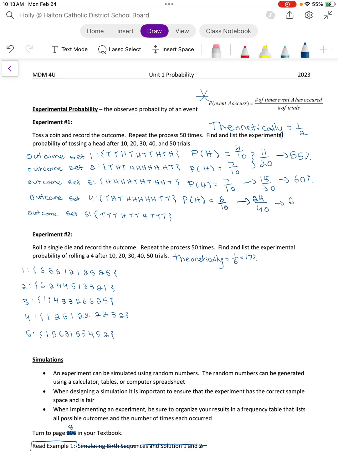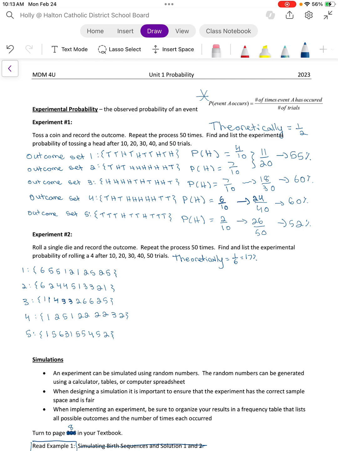And that's also around 60%. And set 5, the probability of heads is 2 out of 10. So that's now at 26 out of 50, which is 52% chance that I would toss a heads.